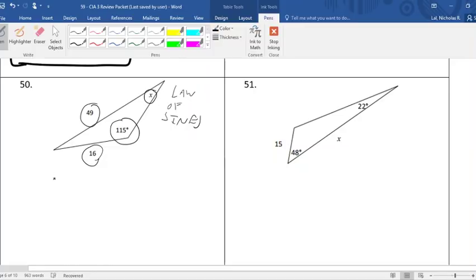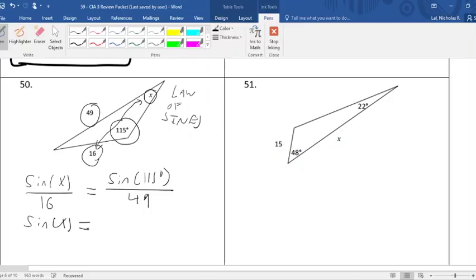From the law of sines, we know that for law of sines to solve an angle, the sine of x over 16 is equal to, remember, x is opposite 16, the sine of 115 over 49. At this point, we can multiply each side by 16, so the sine of x is equal to 16 times the sine of 115 over 49.